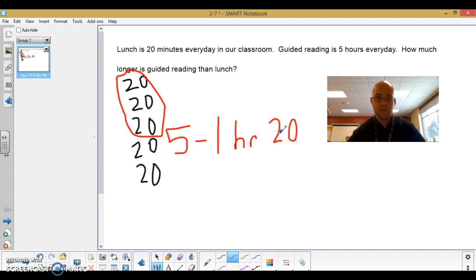So this is kind of a sticking point for me. So I wonder what I could do here. Well, I could think of it as what plus an hour 20 is going to get me to 5 hours. So I know that if I add 40 to this, that gets me to an hour, so now I'd be at 2 hours.